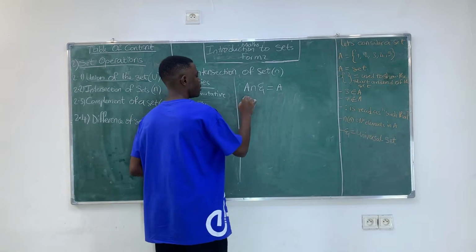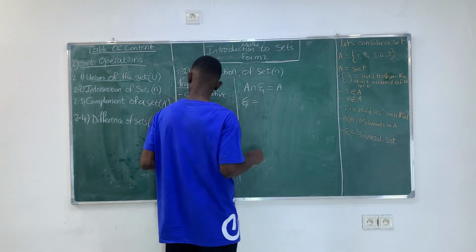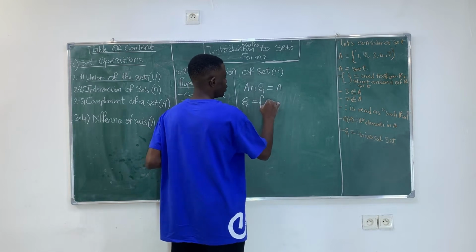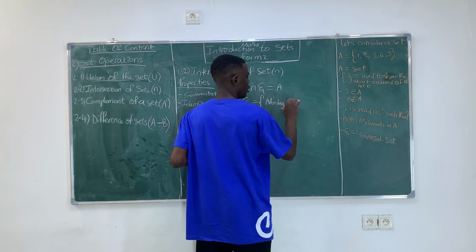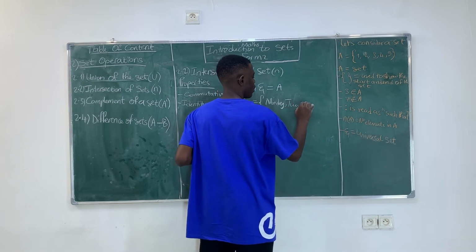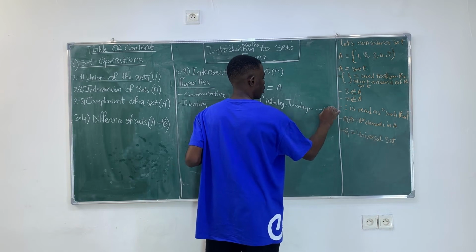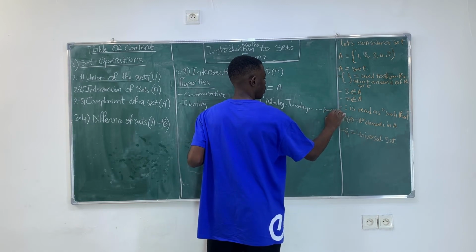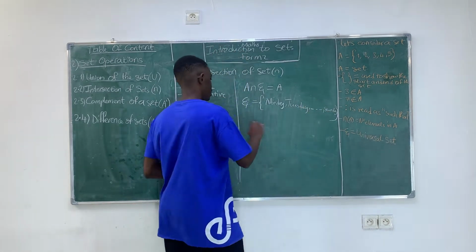For instance, let's do an example. Let our universal set be equal to the days of the week. So this is all the days of the week.